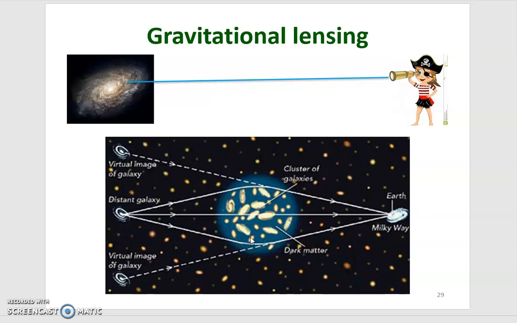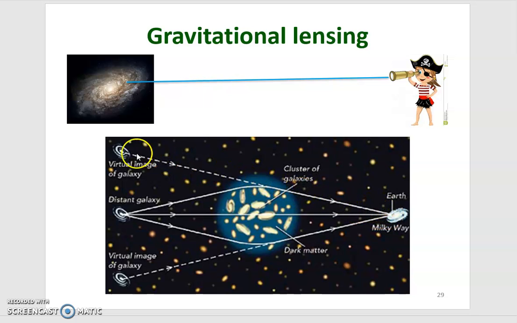Or if you remember in our second exam test, based on general relativity, the reason the light is bended is due to the curvature around the dark matter. So the light will pass through the space along the curvature of the space. So what will happen is that this is the true position of the galaxy that emitted light, but the light will be bended into the detectors on the Earth. So the detector on the Earth will think, okay, now this is the direction of light.